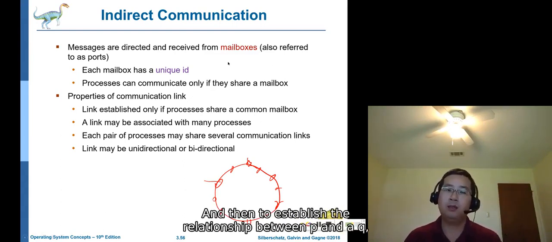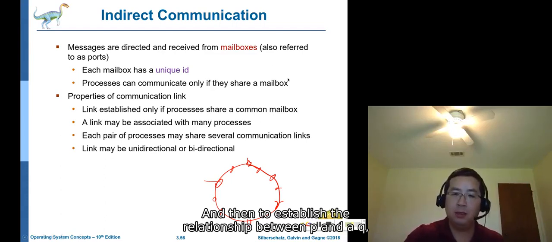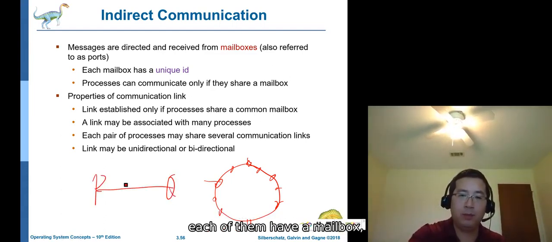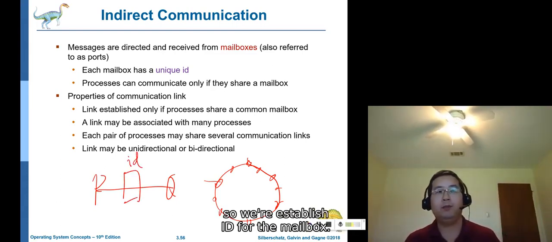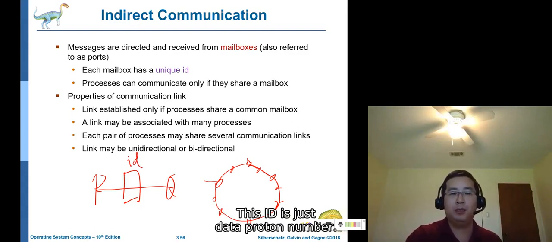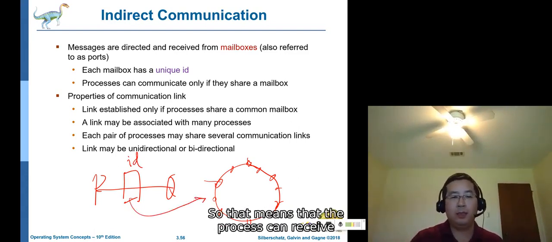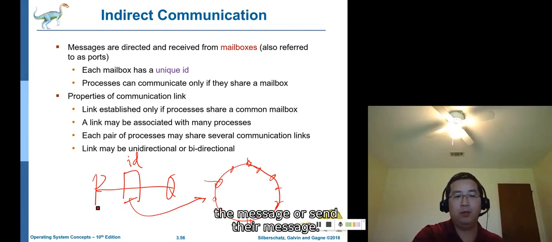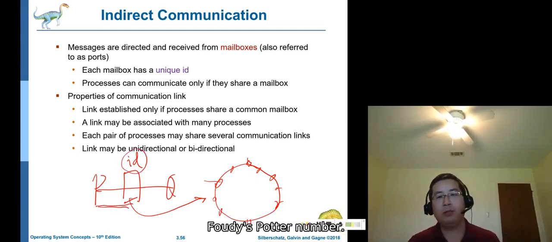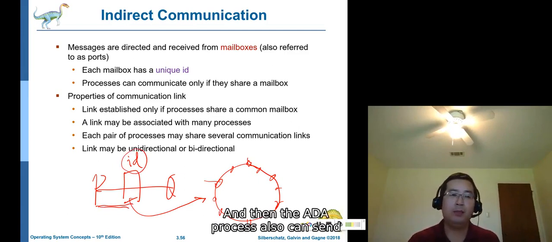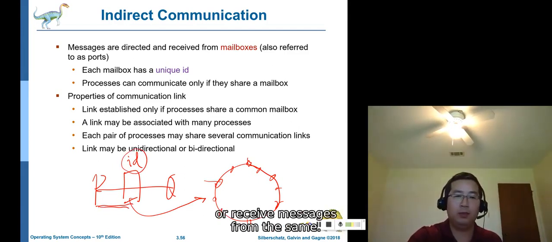To establish the relationship between P and Q, each of them has a mailbox, so we establish an ID for the mailbox. This ID is just the port number. That means the process can receive or send a message via this port number, and the other process can also send or receive messages from the same one.